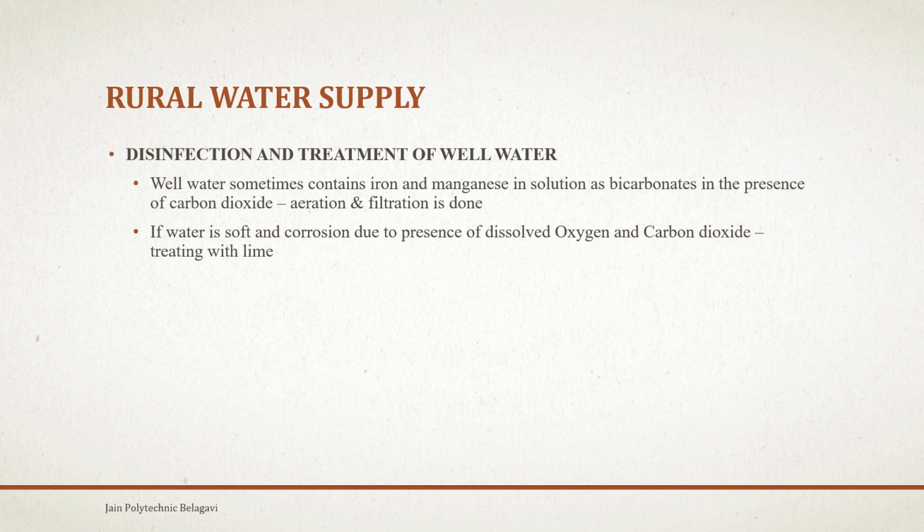So you should understand the difference between limestone and lime. Limestone is calcium carbonate, with the chemical formula CaCO3. Similarly, lime is calcium oxide, which is different from calcium carbonate, CaCO3.